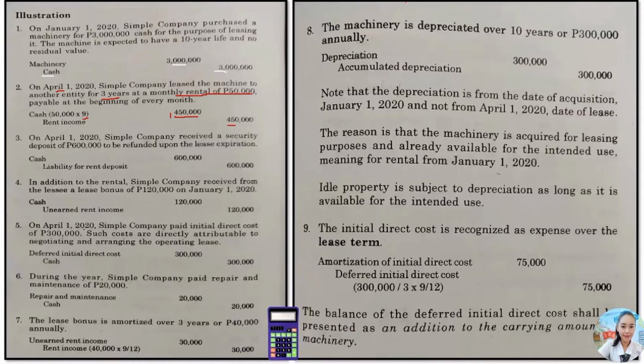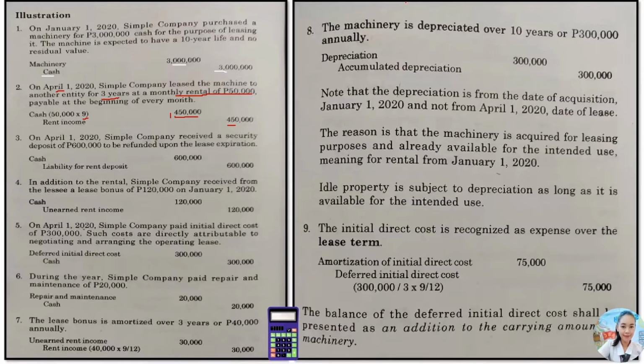Alright, next is on April 1, 2020, si Simple Company nag-receive ug security deposit nga 600,000 to be refunded upon the lease expiration. So, as what I have said earlier, ang security deposit is liability siya ni lessor.